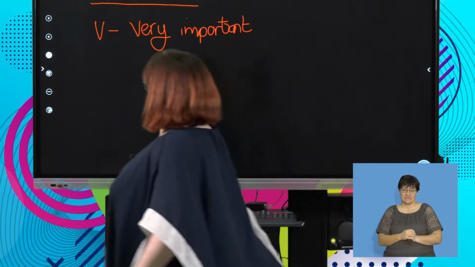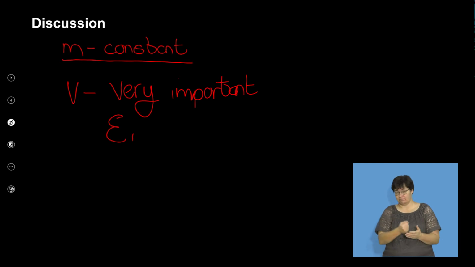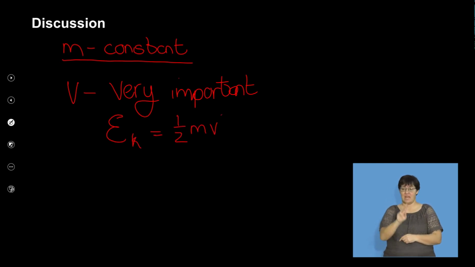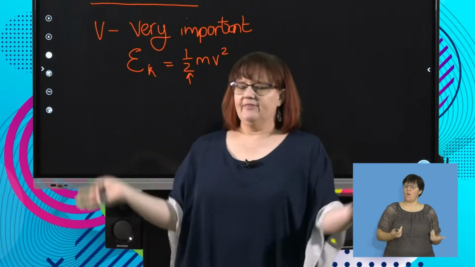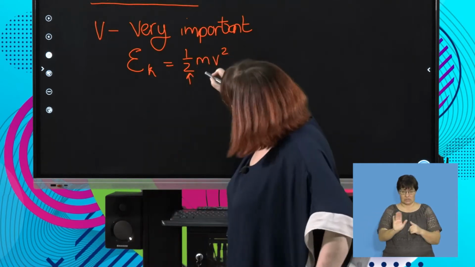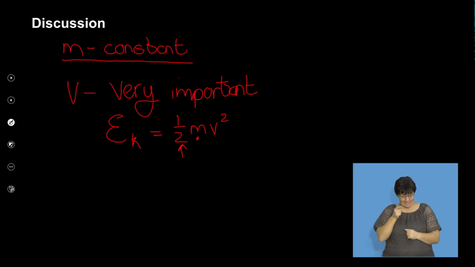Because if we look at the equation, we know that EK equals a half mv squared. The half is a constant. That's not going to change. We're not going to worry about how we got to the half. That doesn't matter. But mass is directly proportional to the kinetic energy.